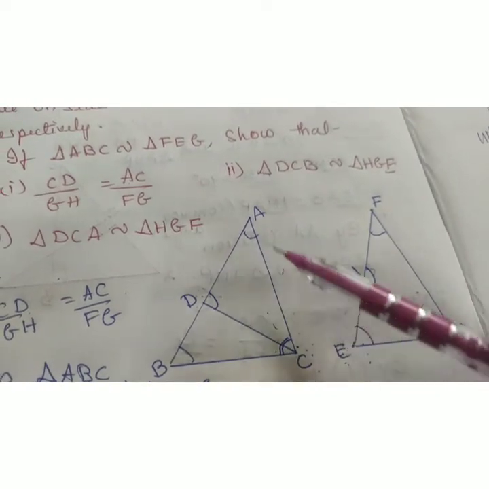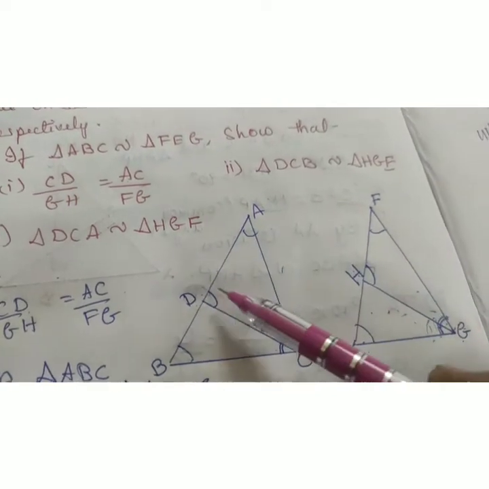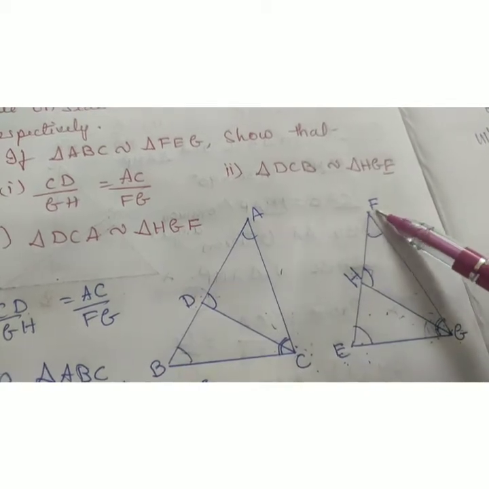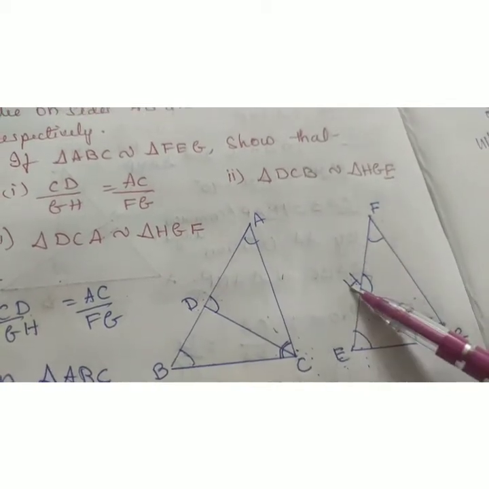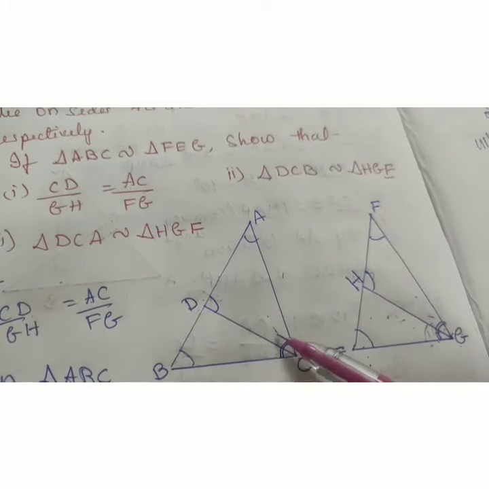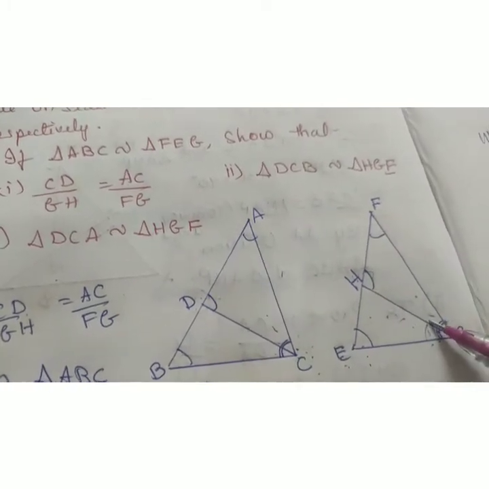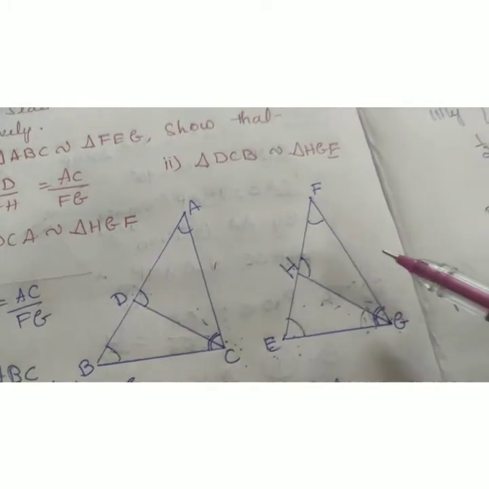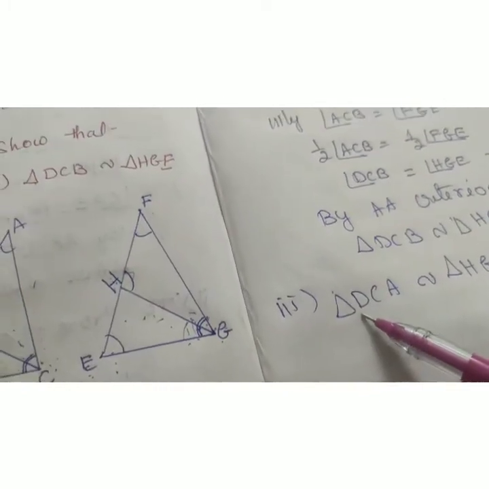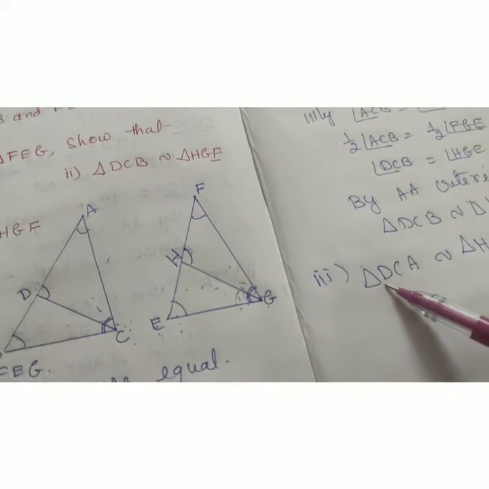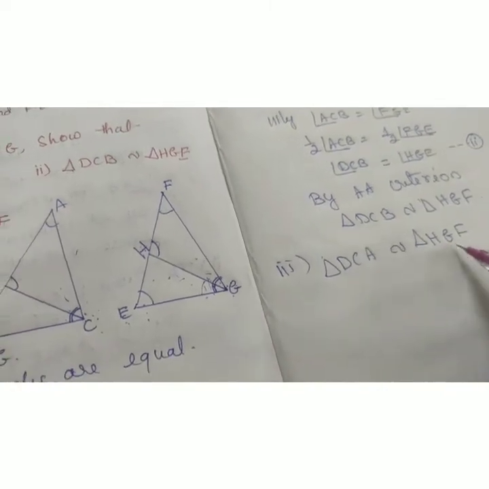So half of that, angle ACD, is equal to angle FGH. So again these two are equal. So by AA criterion you can prove triangle DCA is similar to triangle HGF.